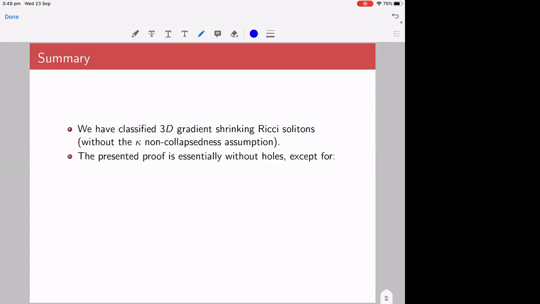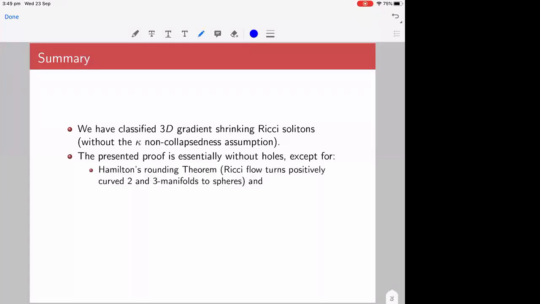A few other remarks I need to make. The proof that classifies all gradient shrinking Ricci solitons, basically in the lecture today and last week, we did most of it, but there are two results that we black boxed. The first of these was, of course, Hamilton's rounding theorem, a very classical result which says that if you've got a positively curved manifold, then it has to go to the sphere under the Ricci flow.